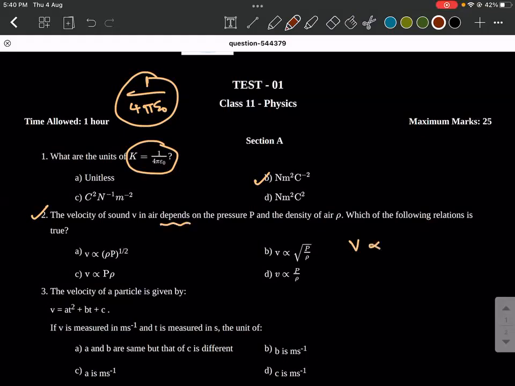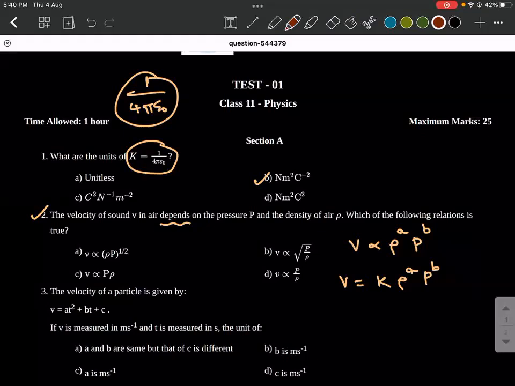So velocity is directly proportional to density to the power A, pressure to the power B. It depends on density, but we don't know how many times, so it is raised to the power A. It is dependent on pressure, we don't know how many times, so it is raised to the power B. So V will be equal to K times rho power A into P power B, where K is a constant.